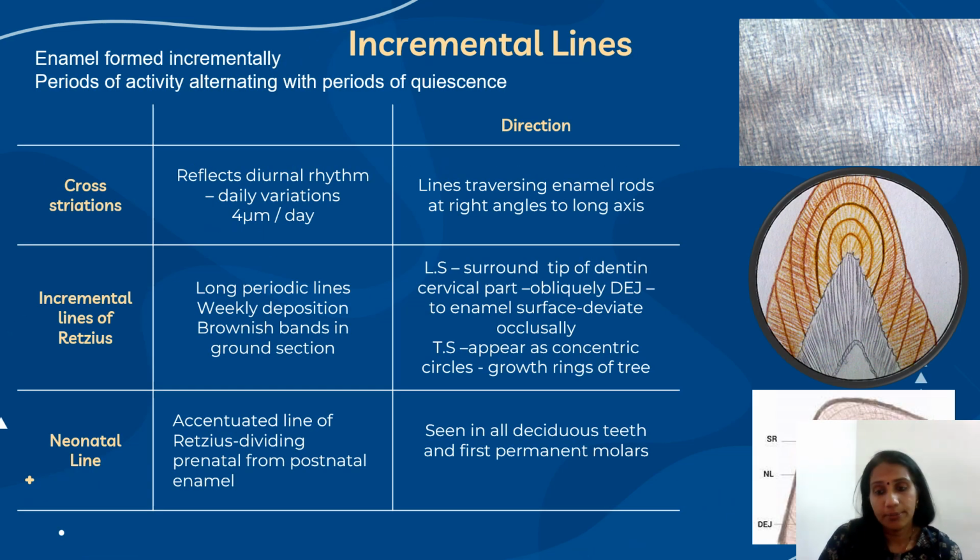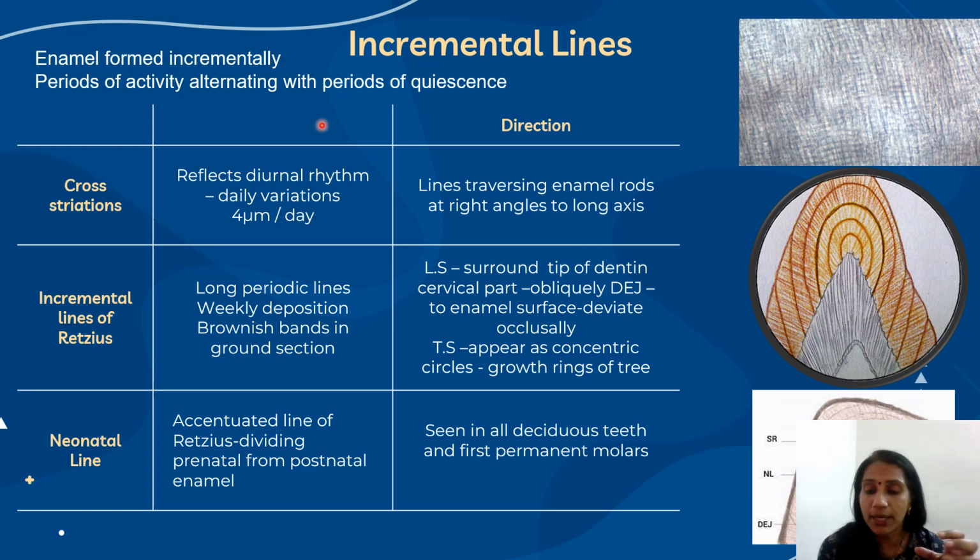Now what are incremental lines? These lines represent periods of activity alternating with periods of rest. So basically an incremental line is formed when the ameloblast takes rest. After a period of activity, after depositing the enamel, it will take rest, and that period of rest is considered as your incremental line.